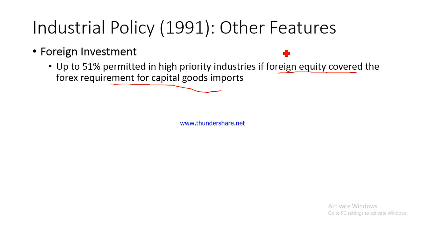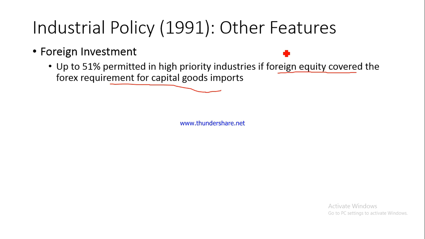Now this would be allowed only if the amount of money spent in buying capital goods from outside, from foreign countries, is less than 51 rupees. So this way what will happen, the government will be net earner of foreign exchange. The country's economy will be net earner of foreign exchange, and we would be able to save our forex reserves.